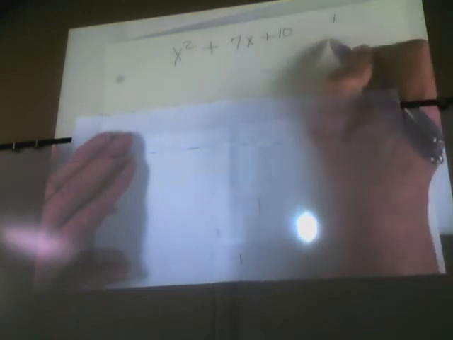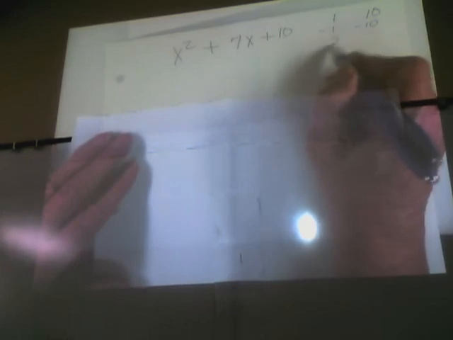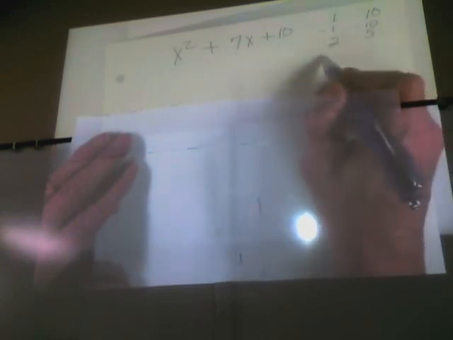The products that will give you 10: 1 times 10. How about negative, negative? That would work, right? -1, -10? 2 times 5. -2 times -5. And that's it, right?